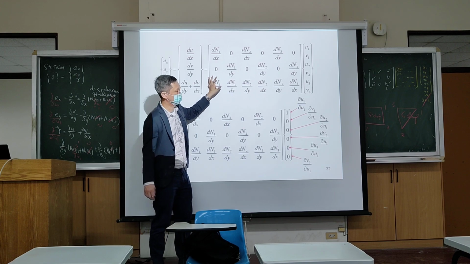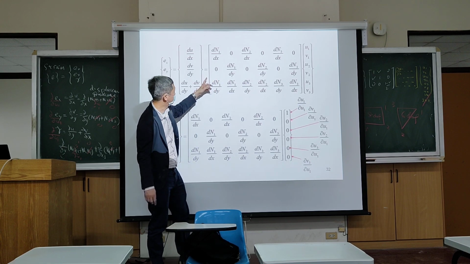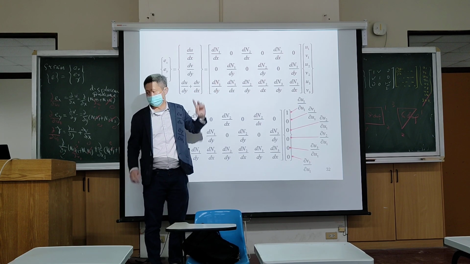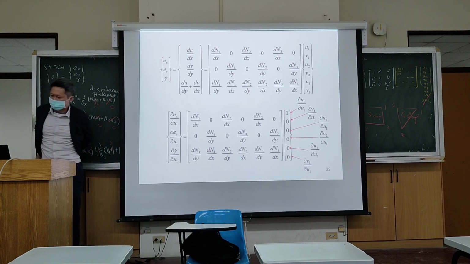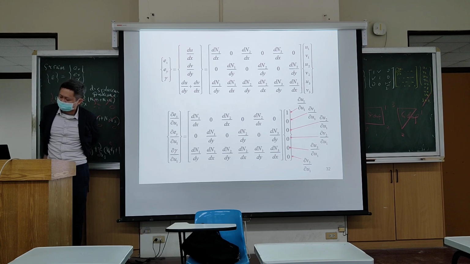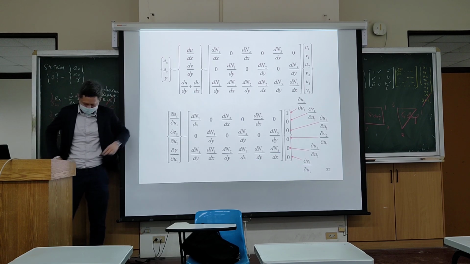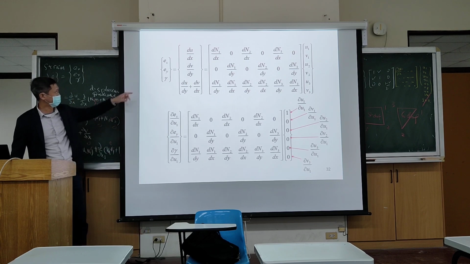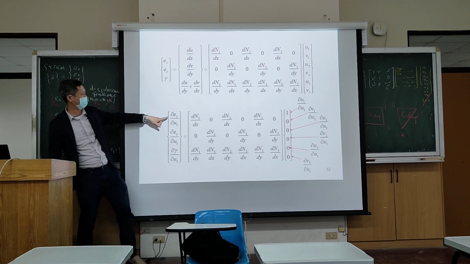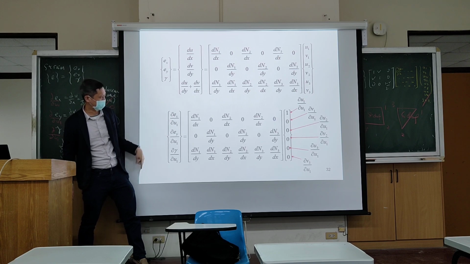Pre-multiply by the gradient of shape function, and that gradient of shape function follows the definition of the displacement gradient. Okay? And next, what about del epsilon del U1?